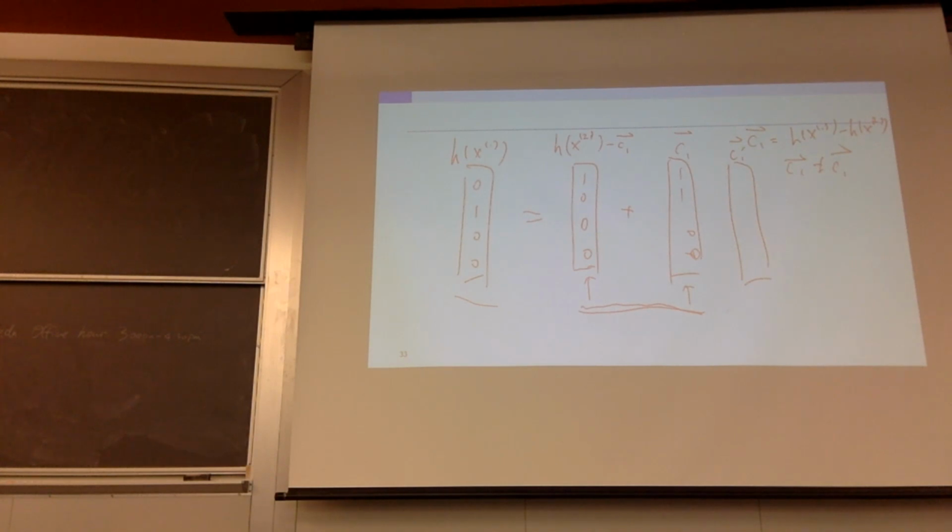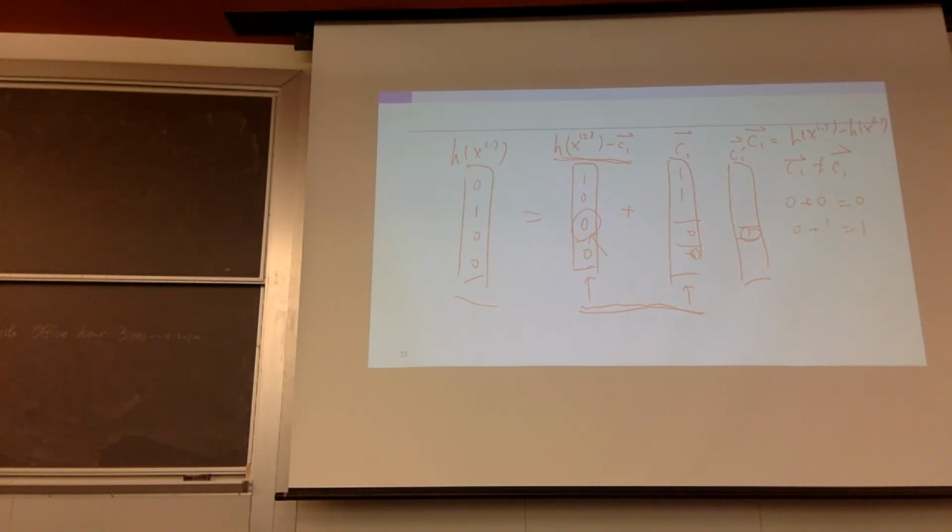That means basically one of the bits is different. Let's say just the third bit in C1 prime is different from C1. Then the result of adding this vector to C1 is going to be different from adding this vector to C1 prime, because the other digits are the same. If you add 0 plus 0, it's going to be 0. And since this digit is different, the result must be different.